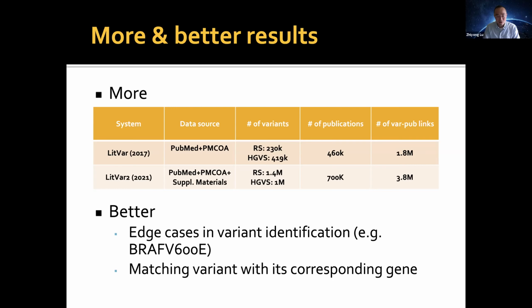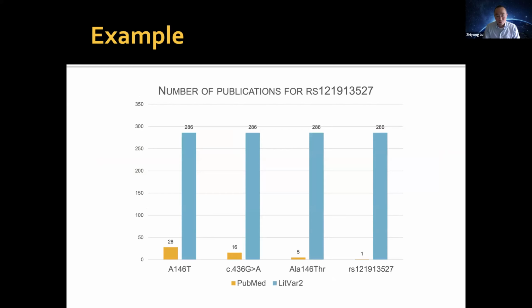In the past, such a mention would be missed by our tool because there is no space between the gene and the variant. But we've seen this kind of thing over and over again, and now we are able to process them as well. Also, because we have improved our gene tagger, we can match the variant with the corresponding gene better. So back to our example that I showed you earlier.